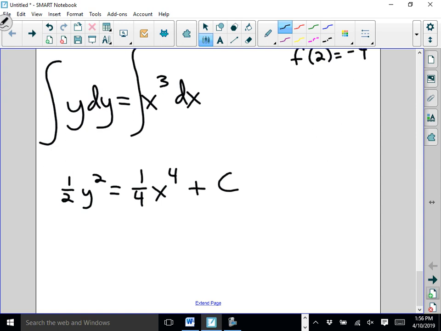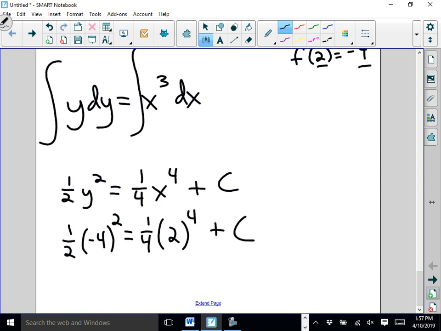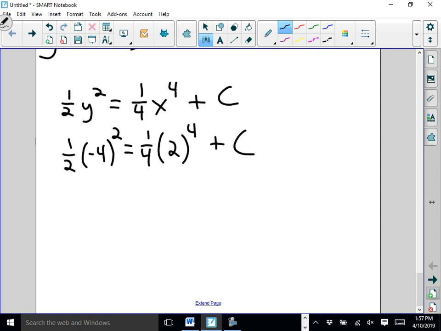Now I have to plug in 2 for x and negative 4 for y. So I have half negative 4 squared equals 1/4 of 2 to the 4th. Negative 4 squared is 16. 16 divided by 2 is 8. 2 to the 4th is, I know 2 cubed is 8, so times another 2 is 16.